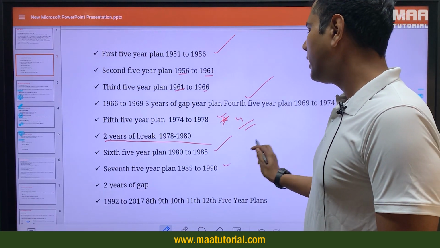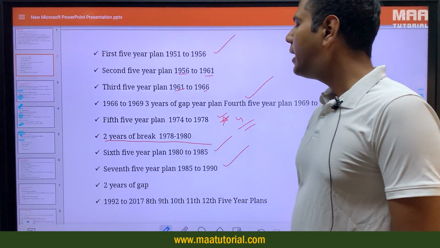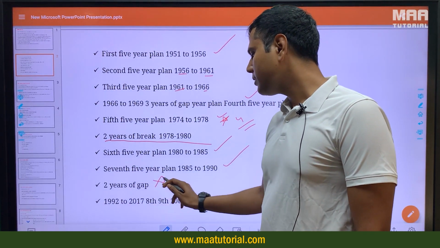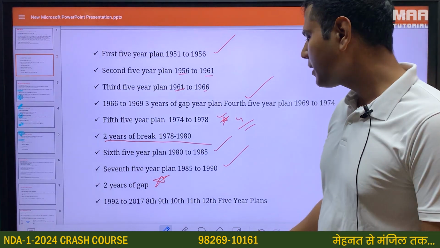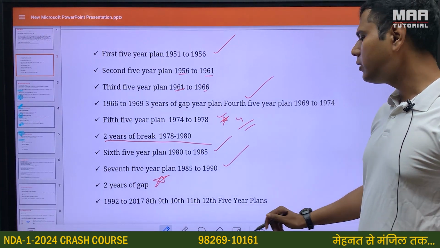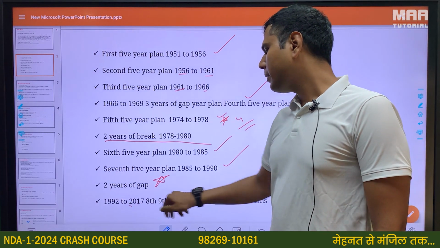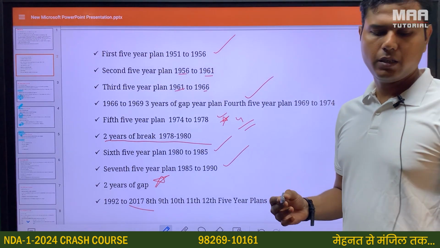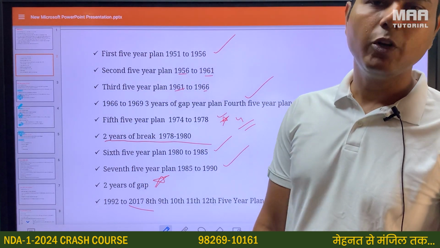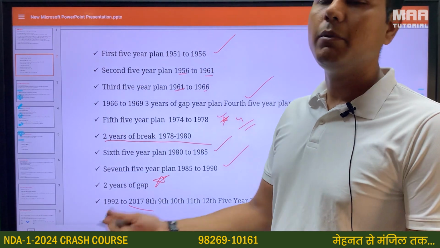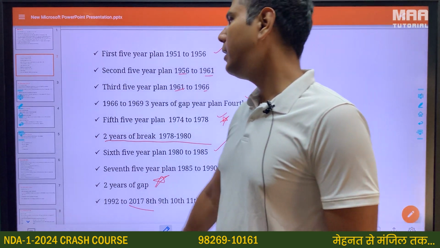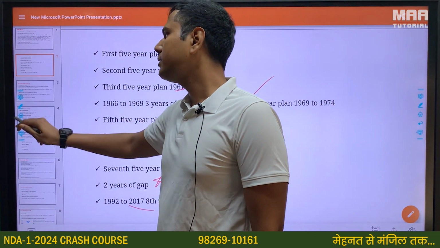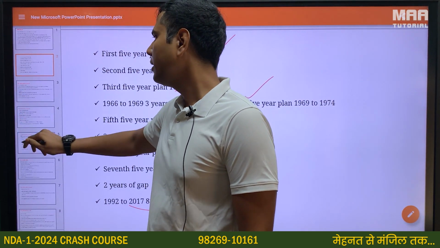It continued till 1990, and there were economic disturbances in our country, because of which a 2-year gap was required. Then again it continued till 2017. But you know, when the current government came into power in 2014, they came up with the idea of Niti Aayog. So let's move ahead with the understanding of each and every 5-year plan.